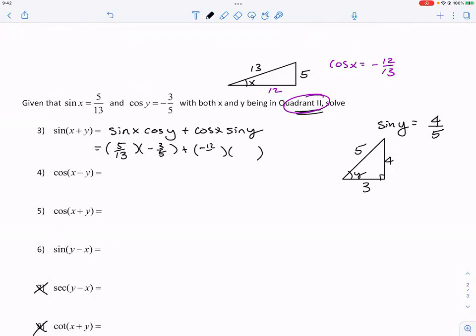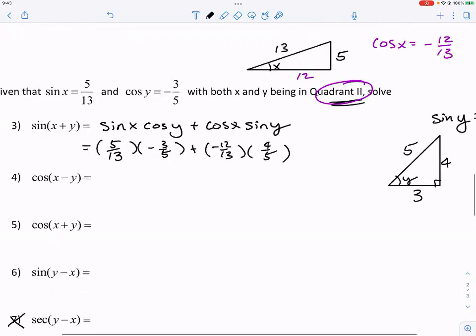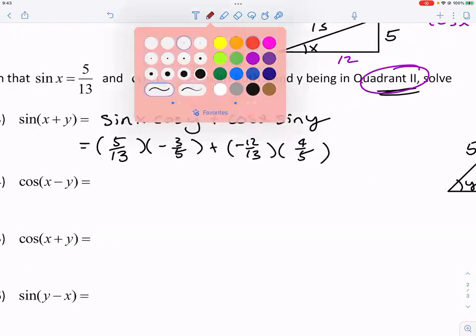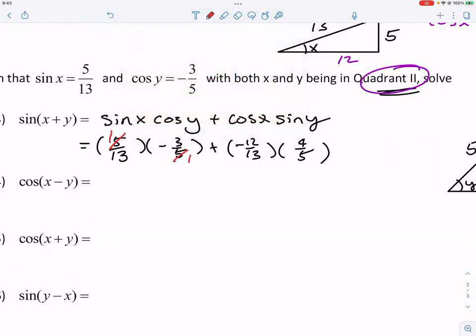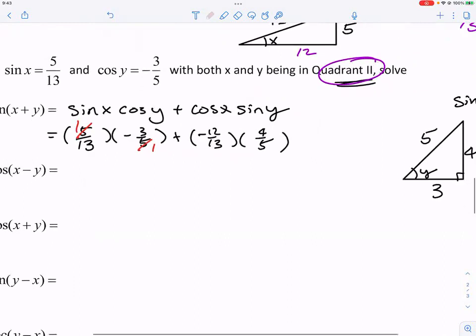Cosine X and then sine Y. There's a 5 here and a 5 here that could be canceled. I don't think there's anything else you can simplify here.